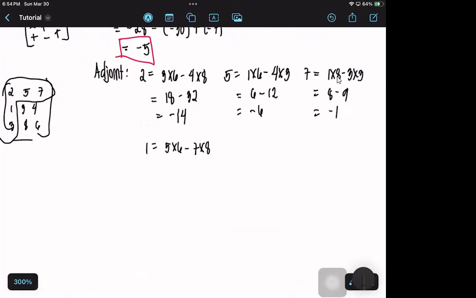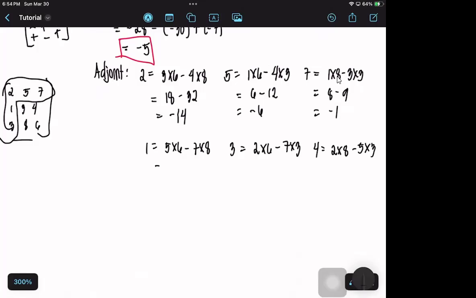Then for 3, it will become 2 times 6 minus 7 times 3. Then for 4, it will become 2 times 8 minus 5 times 3.